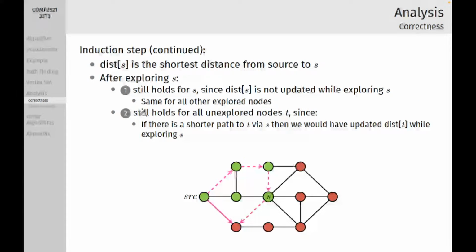Well, suppose that before exploring S, this is the shortest path from the source to this node over here.